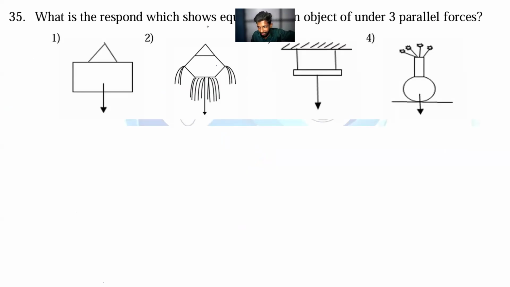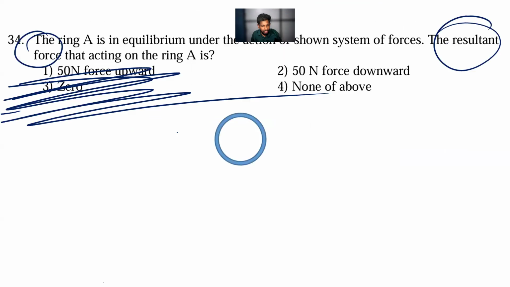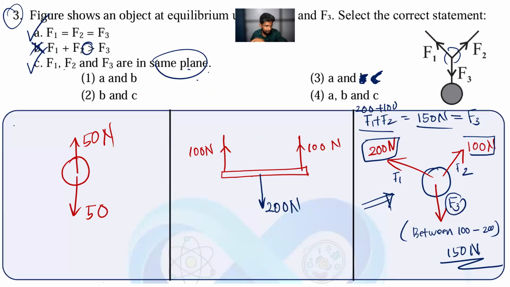Okay, Amna, very good. And Sri, very good. Under three parallel forces, you may have drawn the picture, right? Remember that you have drawn the pictures like this. Under two forces.